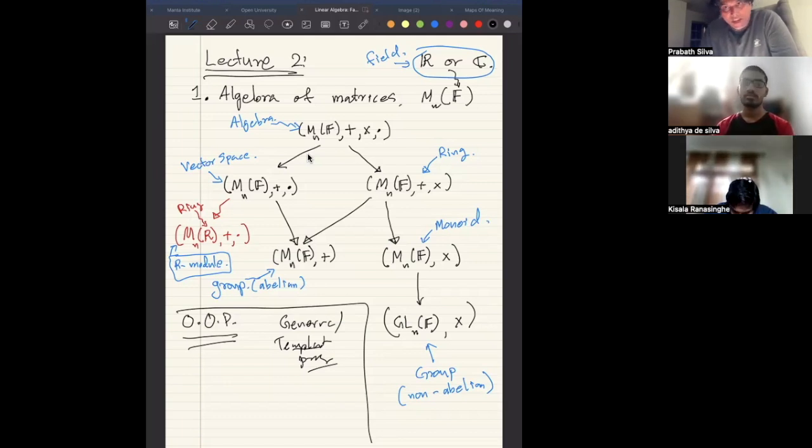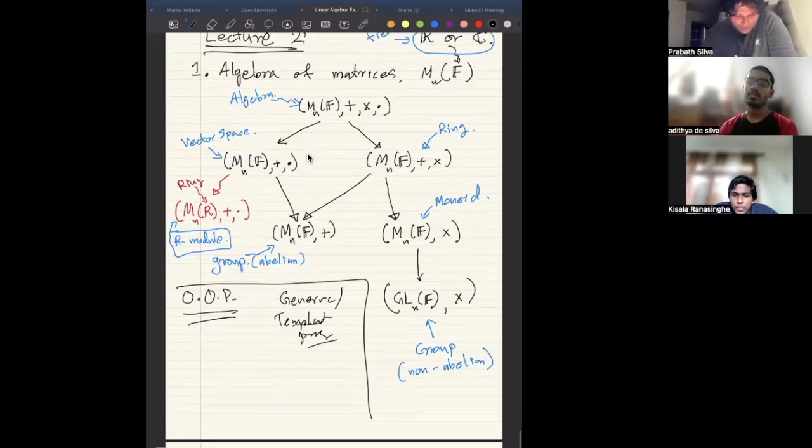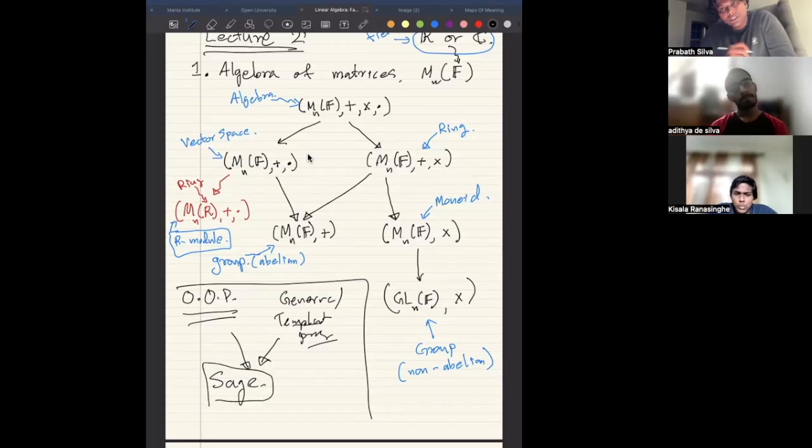Actually, there is something that, if you're doing this, you learn programming, do this. There is something called Sage. This is the open source equivalent of Mathematica.